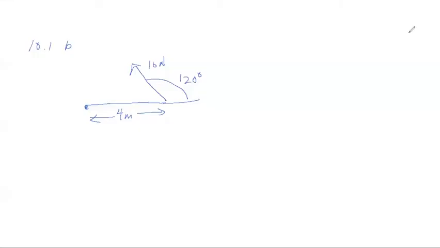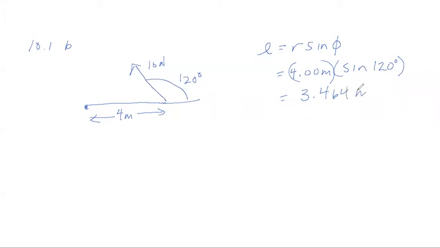10.1b, we have a figure like this. So now we're going to figure out the lever arm. L equals R sine phi, and that's equal to 4.00 meters times sine of 120 degrees. So L is going to equal 3.464 meters.